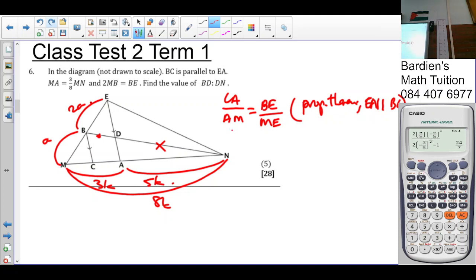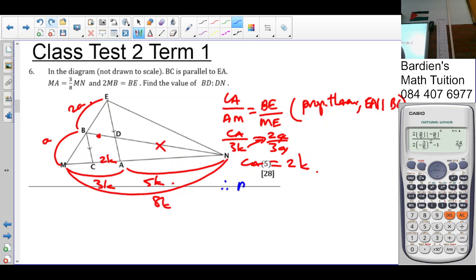So CA over AM, which is 3K, equals BE, which is 2A over 3A. So you cross multiply, so CA is equal to, the A's cancel, the 3's will cancel, which will leave you with 2K. Okay, so that's going to be 2K. And that's enough information to conclude.